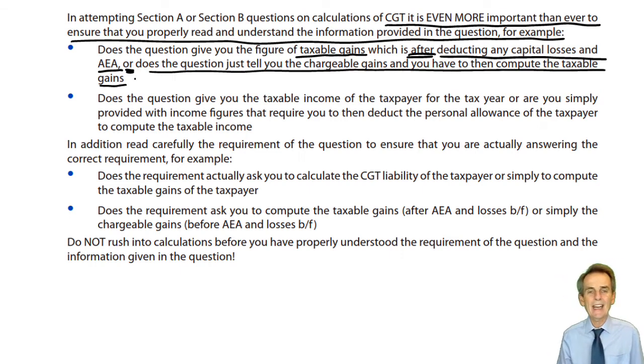They might give you the net gains of the year. Those net gains, gains less losses, will be before deducting any AEA. You have to deduct the AEA away from the net gains to be able to establish taxable gains. Obviously, if you have capital losses brought forward as well, then those two must at the very end be dealt with, if of course there's anything to deduct them from at that point in time.